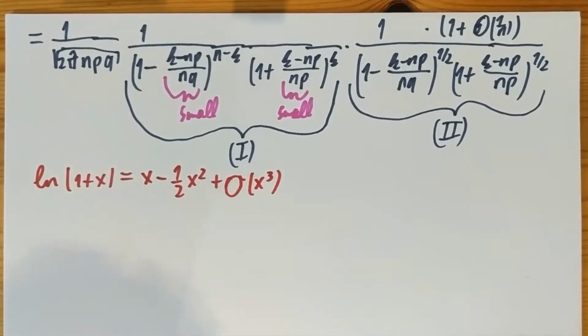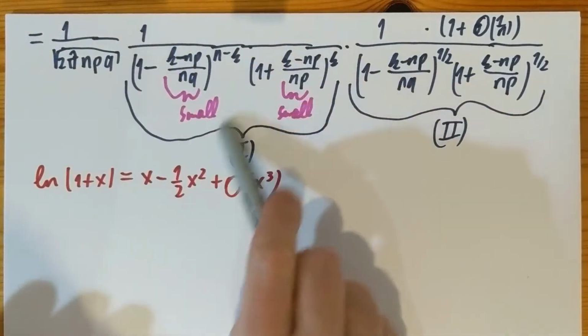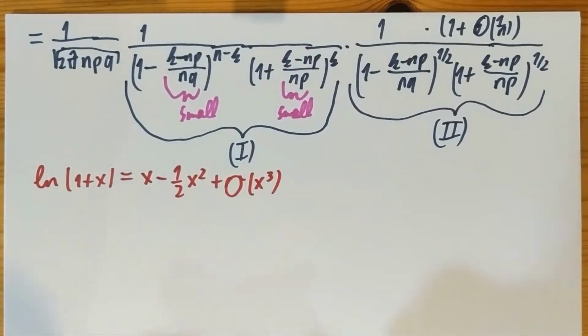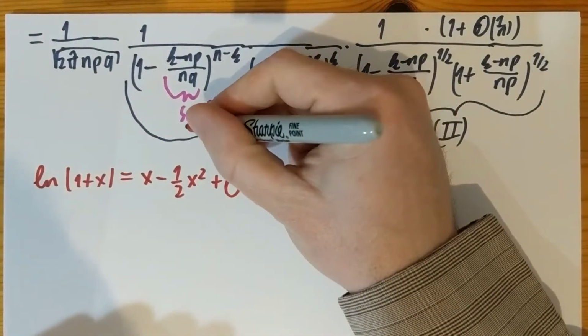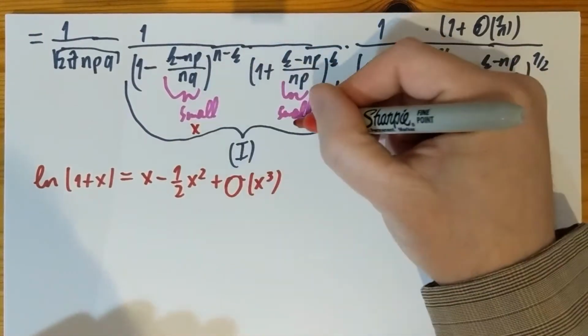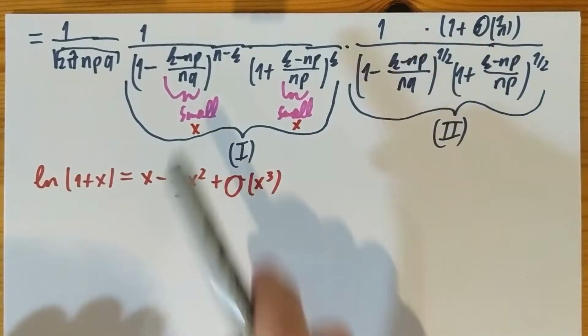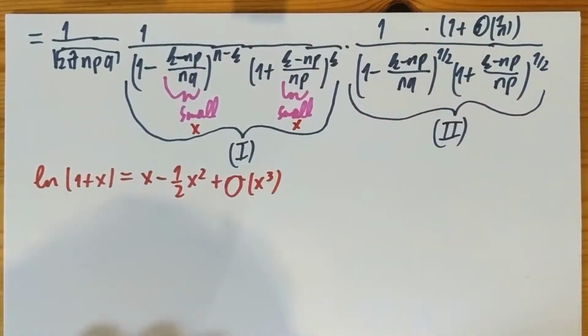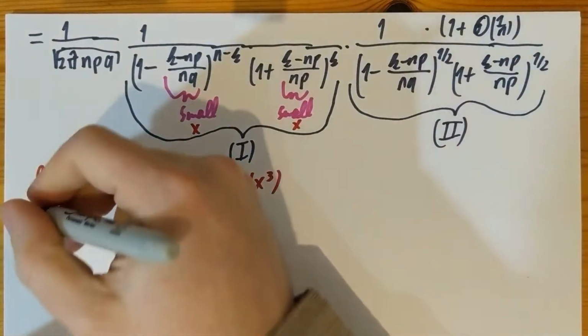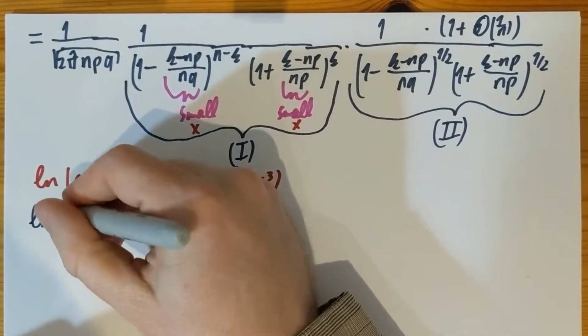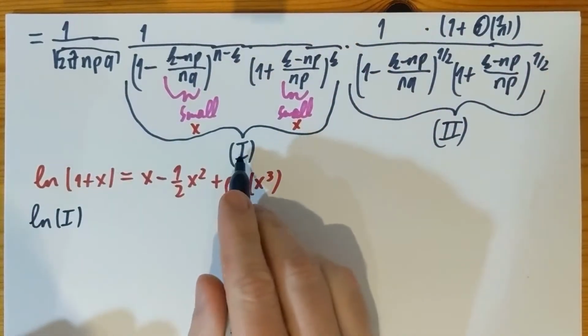This is what I'm going to use for the log of this term 1. Now notice that these small things will play the role of x. I'm going to do this separately for these two terms, and these will be the small x's for which this expansion is valid.